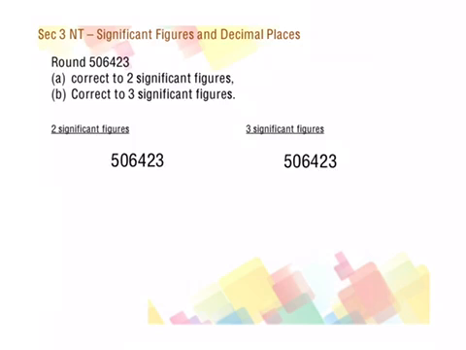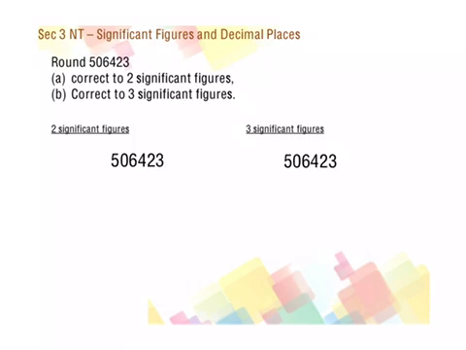Significant figures and decimal places. Now in this question, we are going to round off the number 506423 corrected to two significant figures. Now what is a significant figure? It is the numbers that follow after the first non-zero number. So what is the first non-zero number here?